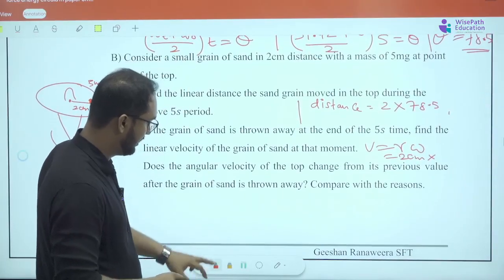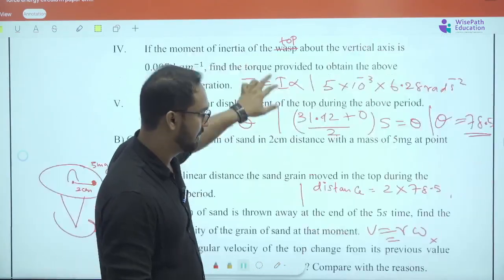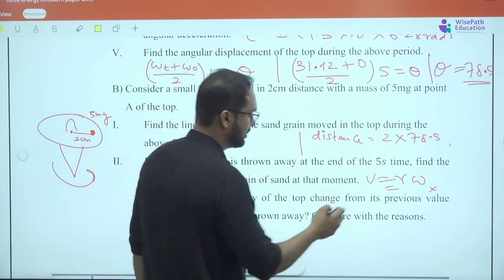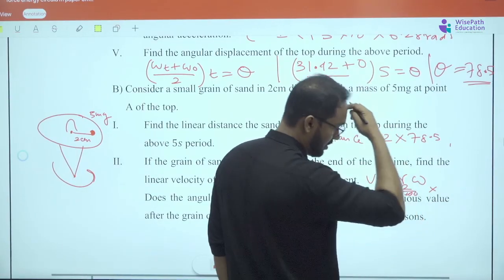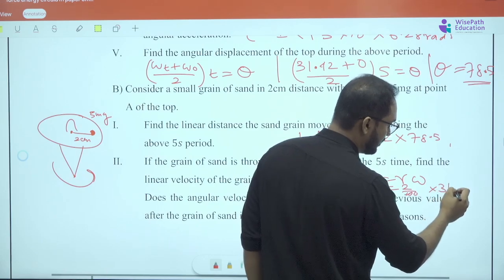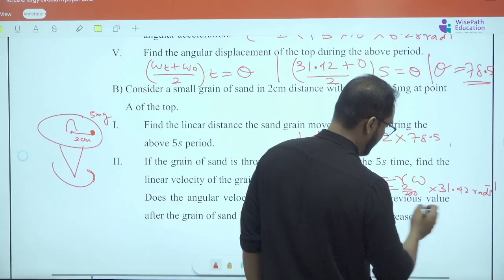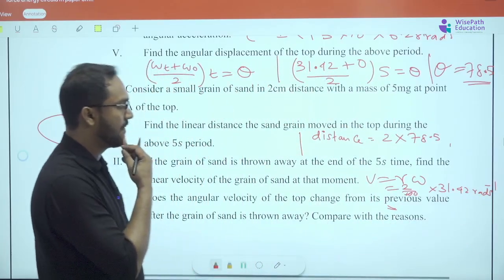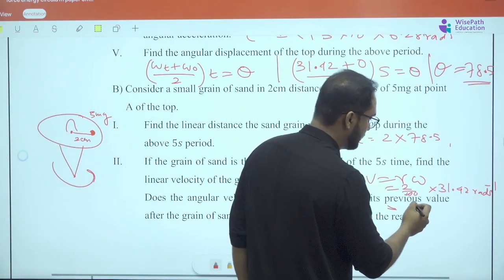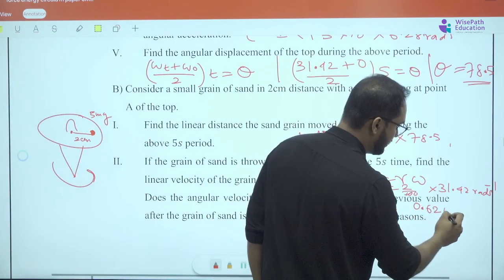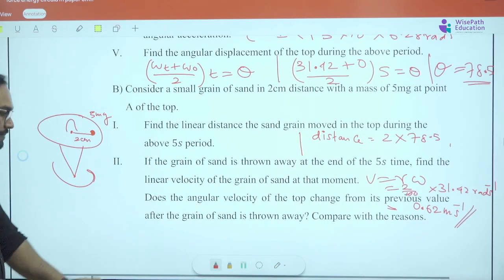If you want to take this in meters per second, better to apply the radius in meters, so that is 2 divided by 100 into omega, 31.42 rad per second. So how much is the linear velocity? 0.62 meters per second. Yes, 0.62 meters per second.